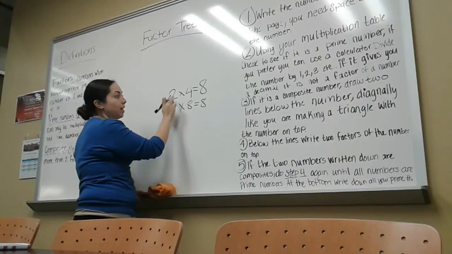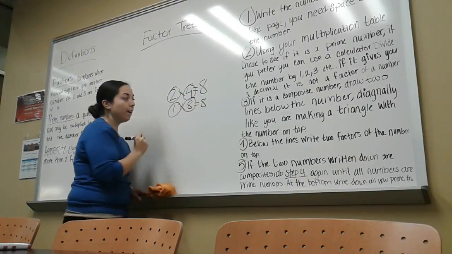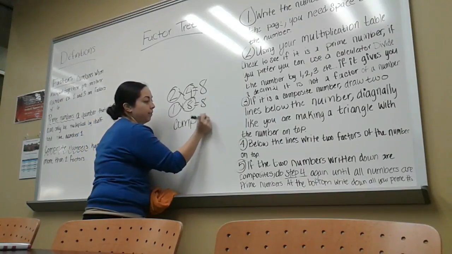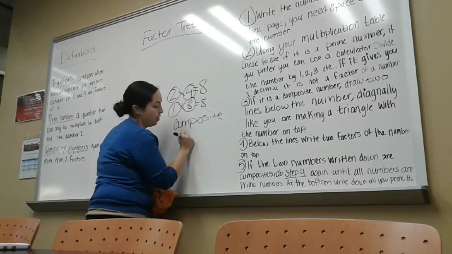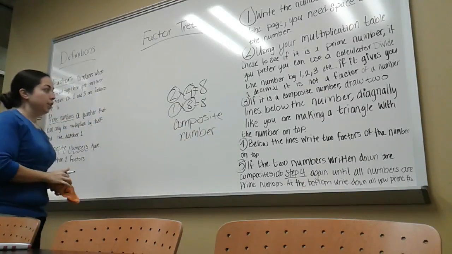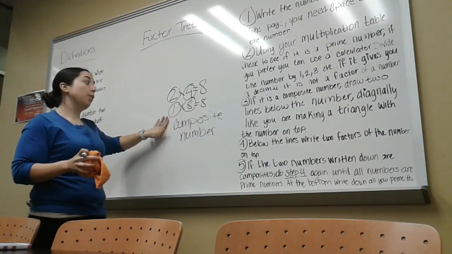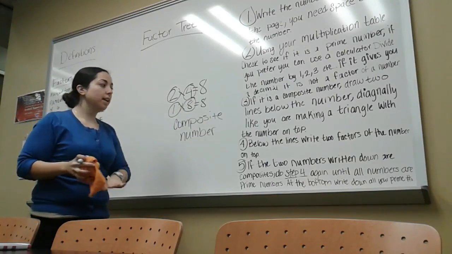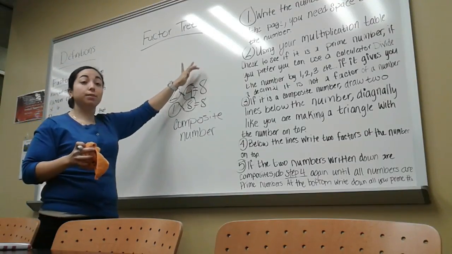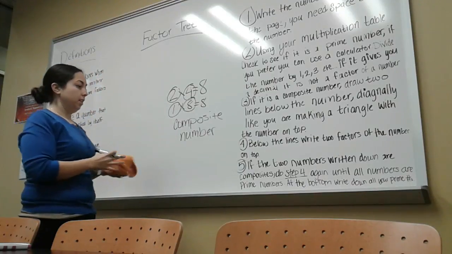So because it has 1, 2, 3, 4 factors, it is a composite number. Okay? If 8 could only be multiplied by 1 and 8, so if this is only 1 times 8 and that's the only thing that'll give you 8, it'd be a prime number. But because 2 times 4 equals 8 as well, it is a composite number.